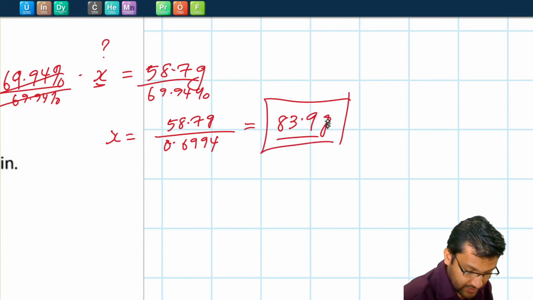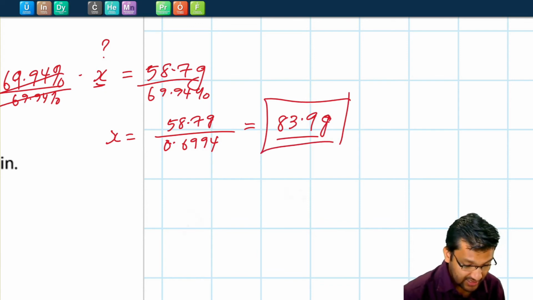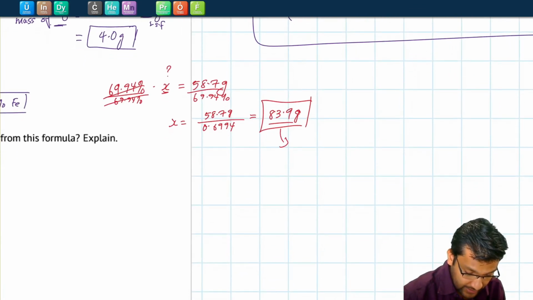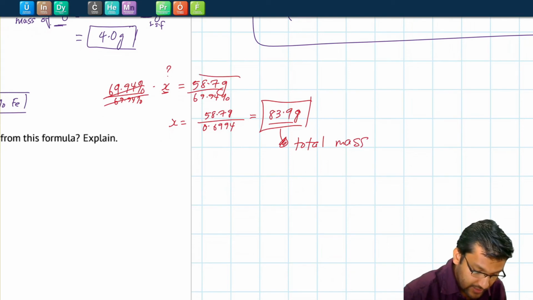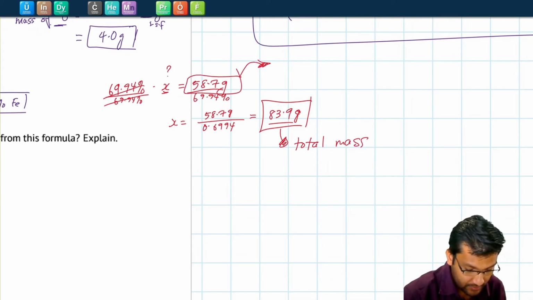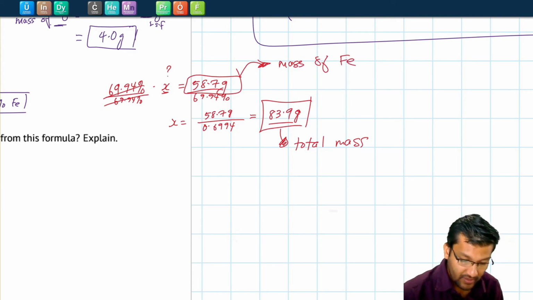Grams over here, grams over here. Just to check that this makes sense, the total mass should be greater than just the mass of one of the components. So this is the mass of just the iron. So there we have it.